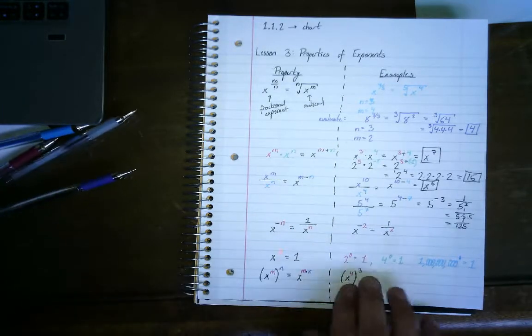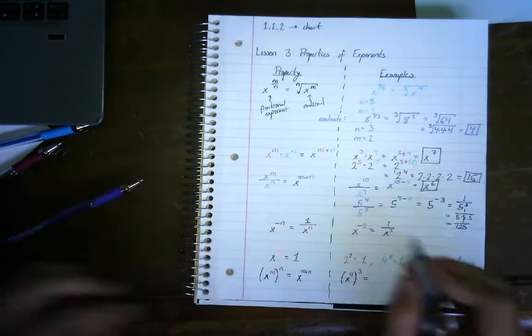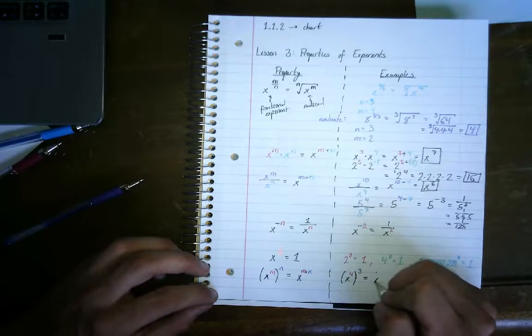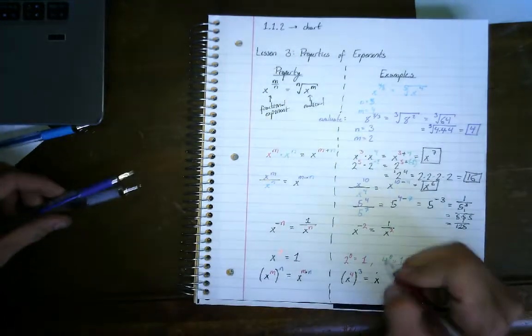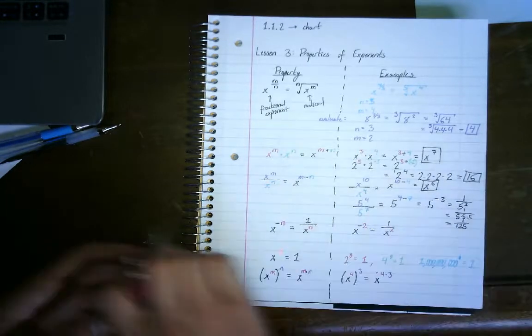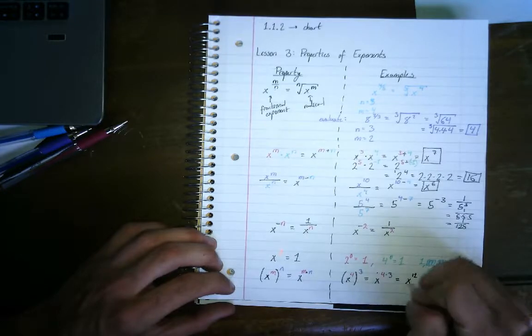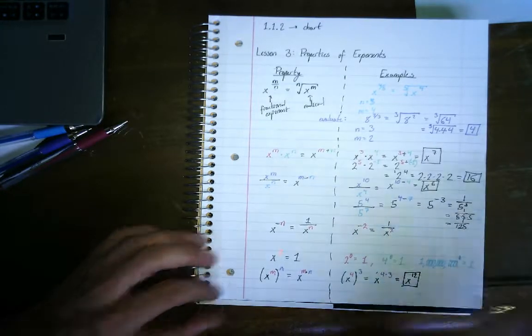So same idea here. We just raise our x to the 4 times 3 power. So this thing just simplifies down to x to the 12th. And there we are.